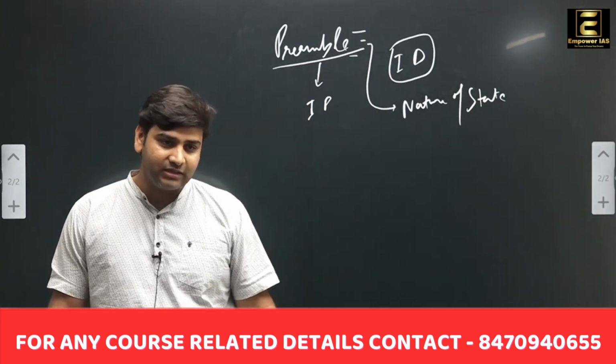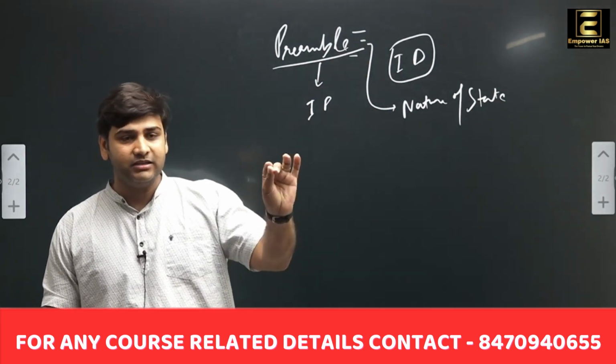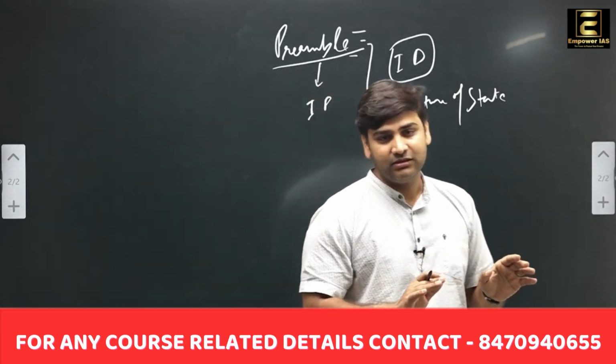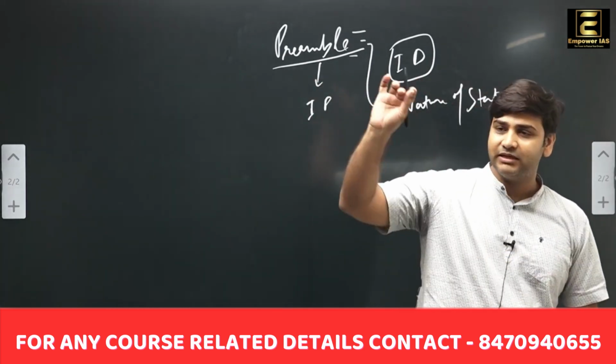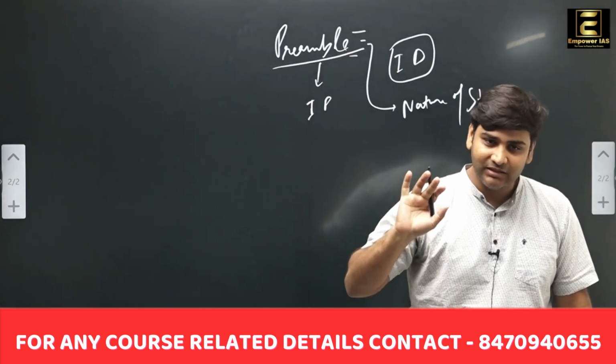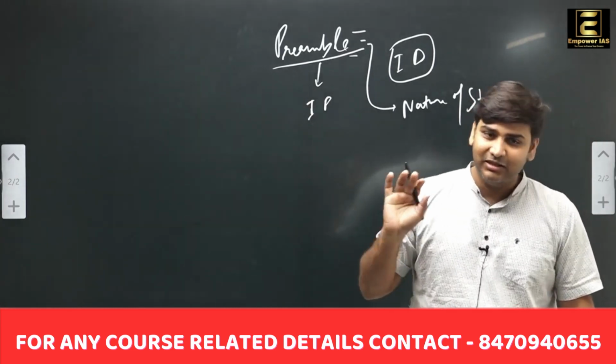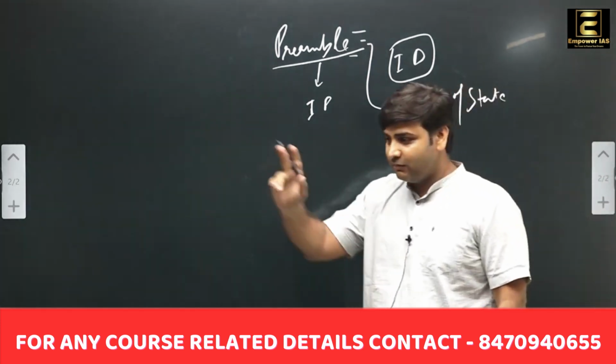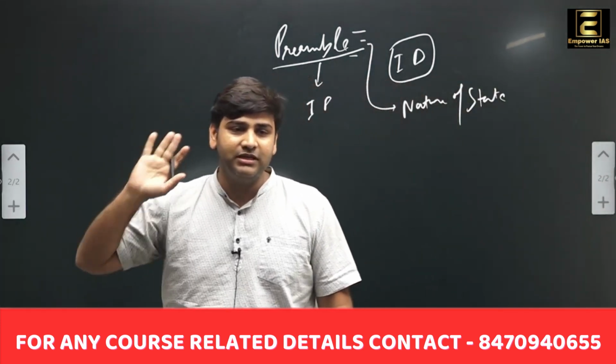Even if you are not there, somebody picks up that ID card, and just by looking at your name or the company's name, if he is willing, he is going to deliver that ID card to the right place. That is the thing. Just by looking at the preamble, you can tell what the constitution of the country contains.